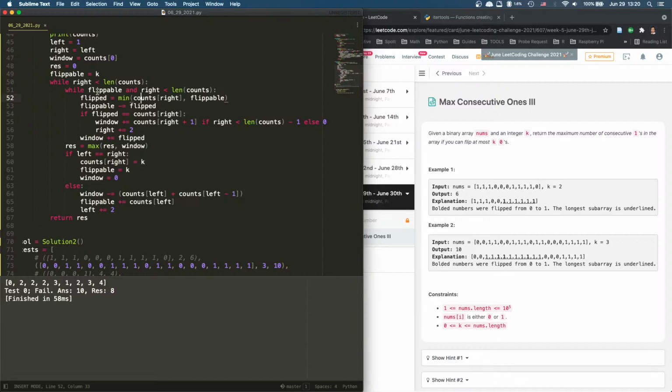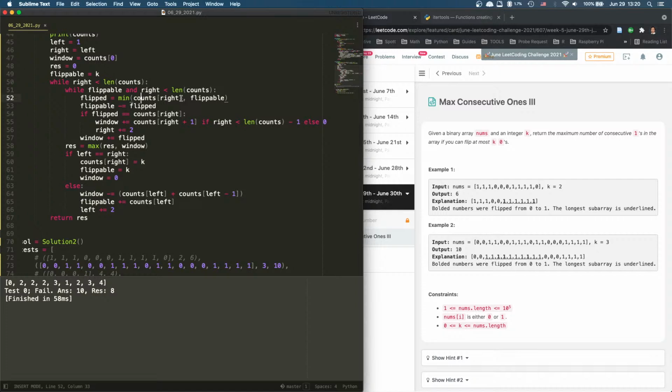Back up here. Flippable is 2. Right is good. So we're going to do minimum counts. Oh, that's not count right anymore, because we already have one. That's the problem. We already have one here, because we have 3.